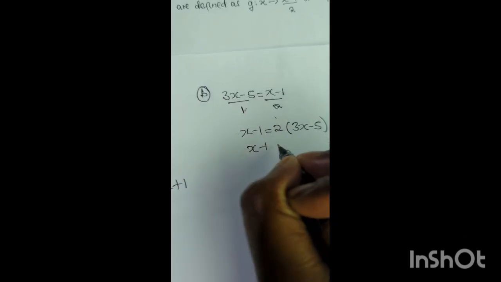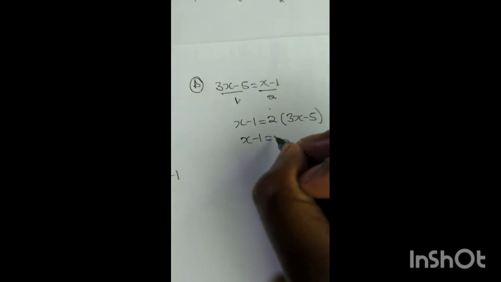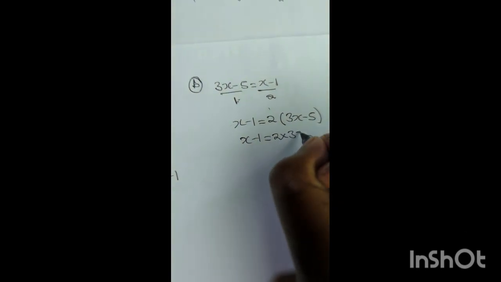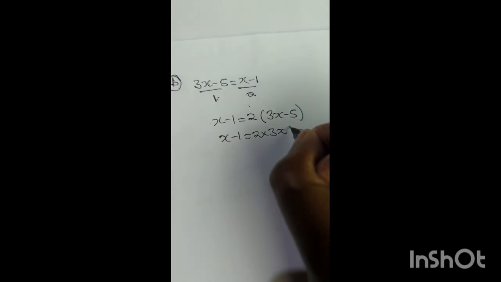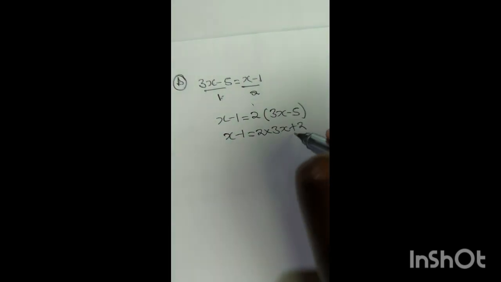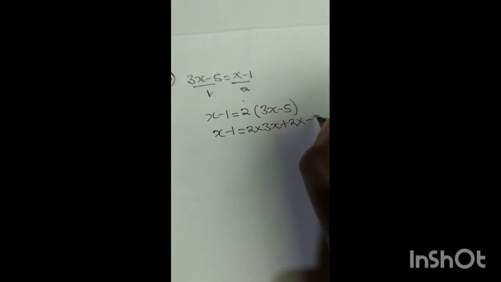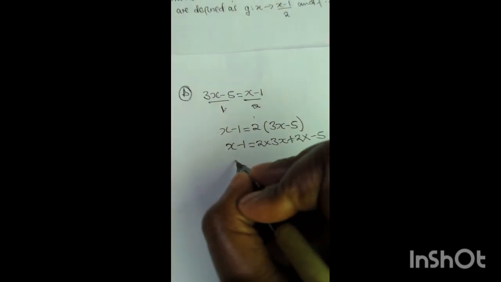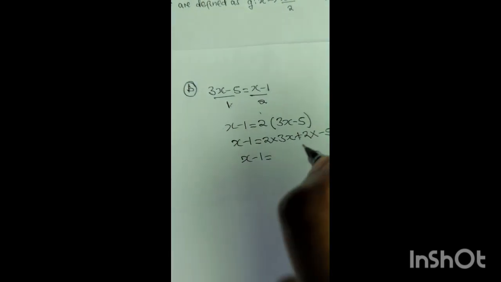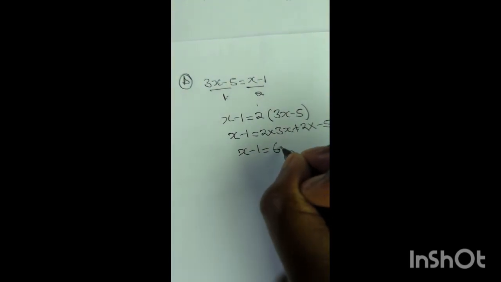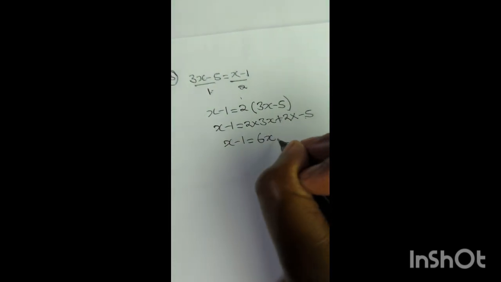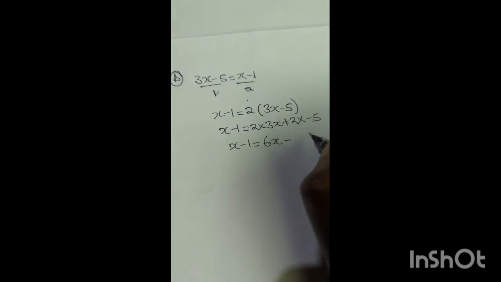Then x minus 1 is equal to, we expand the right hand side, it will be 2 multiplied by 3x again plus 2. I'm getting this plus from this 2 being positive. 2 multiplied by negative 5. So x minus 1 is equal to 2 by 3x, 6x, positive by negative, negative, 2 by 5, that's a 10.